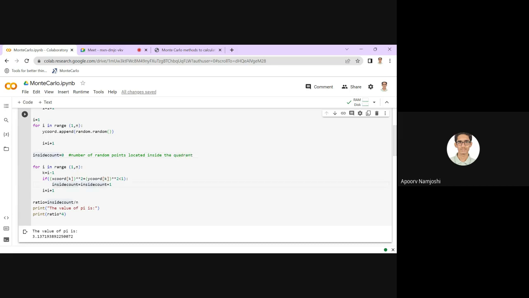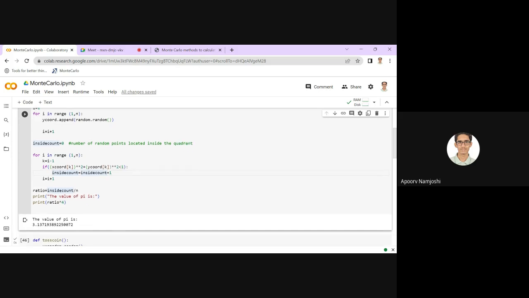We will add 1 to this variable for every point which is at a distance of less than 1 from the origin. And at the end, we will calculate the ratio of the number of points inside the quadrant to the number of points outside the quadrant.